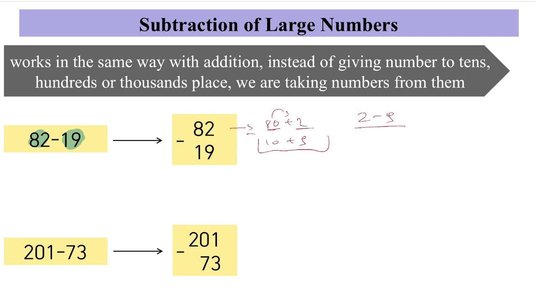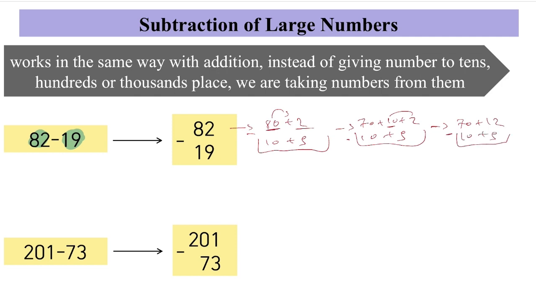So let's take it like that: 70 plus 10 plus 2 minus 10 plus 9. So we took the 10 from this 80 and let's collect it with the units place: 70 plus 12 minus 10 plus 9.